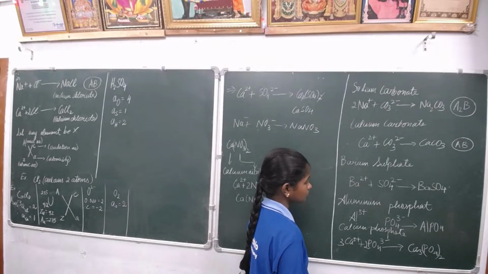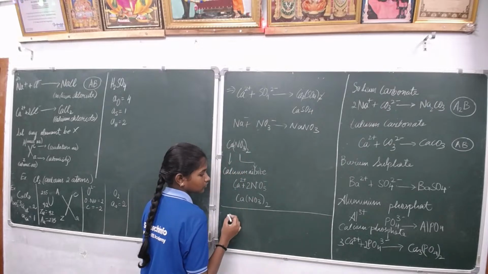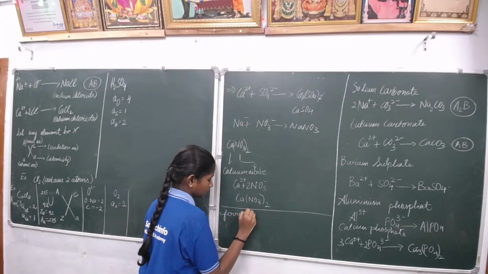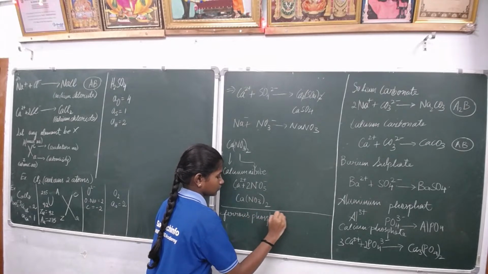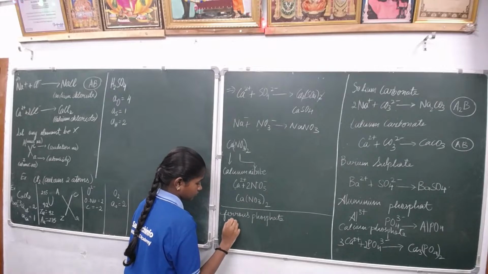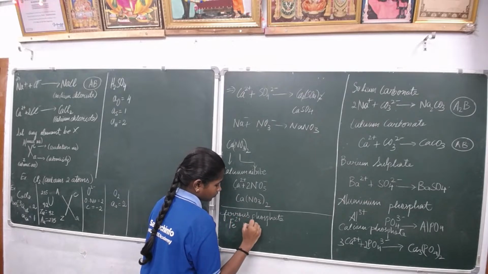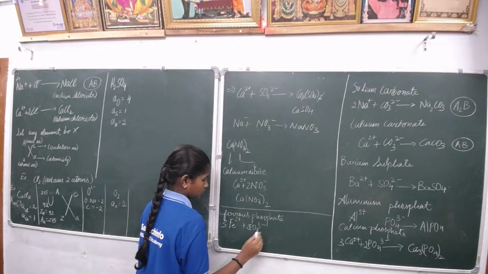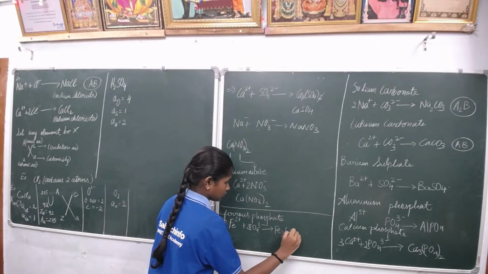And can you write down the molecular formula for ferrous phosphate and ferric phosphate? So ferrous means Fe2+, PO4 3-, that is a phosphate. Now similarly Fe 2+ and PO4 3- means you can multiply this by 3, this is by 2.